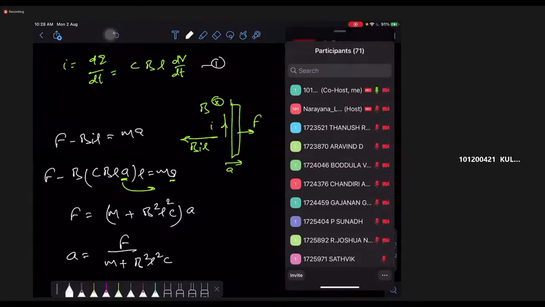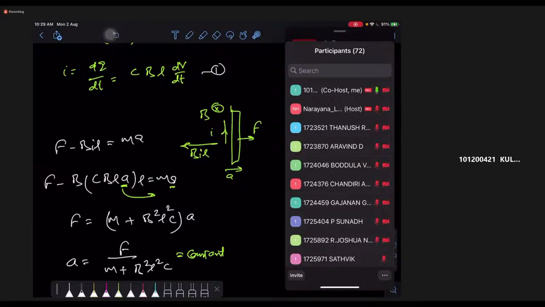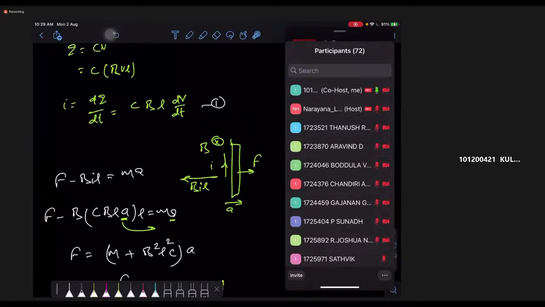Because this acceleration is coming out to be constant, you can give velocity as u plus at. Next is asking the charge. After finding out the velocity, I can put it into my charge equation, and that will give the charge. Everything you can find out.